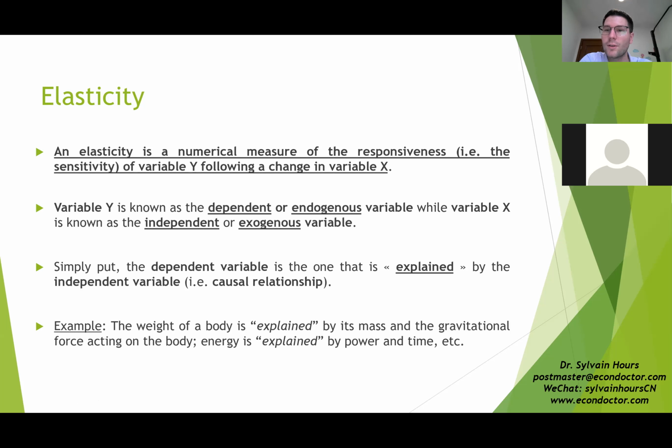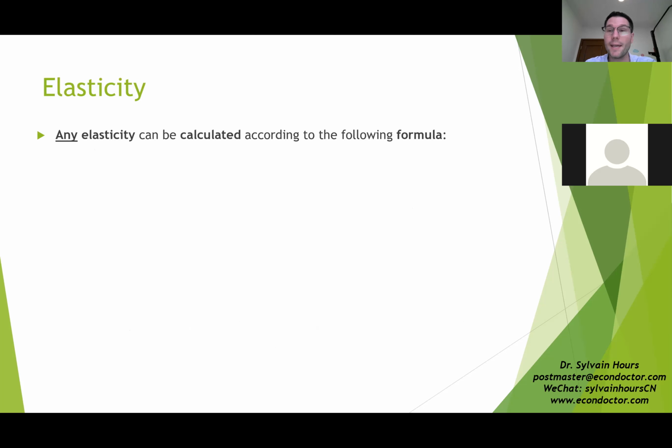Okay, so I really feel like this is something that is often not made very clear in books when we look at elasticities. Yes, it's two variables, but it's usually one that explains the other, or one that causes the other. And that's why I really want to make this general introduction, because the formula is actually the same for all elasticities.